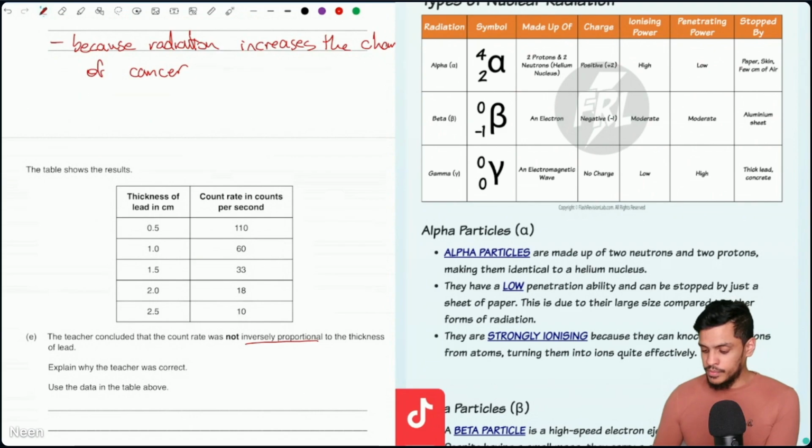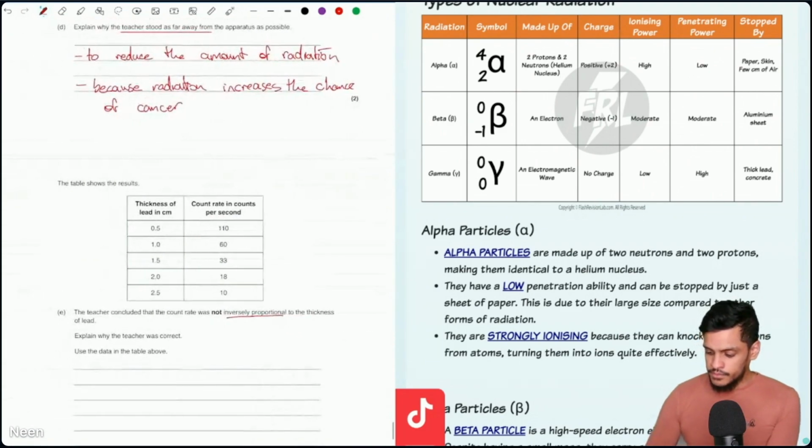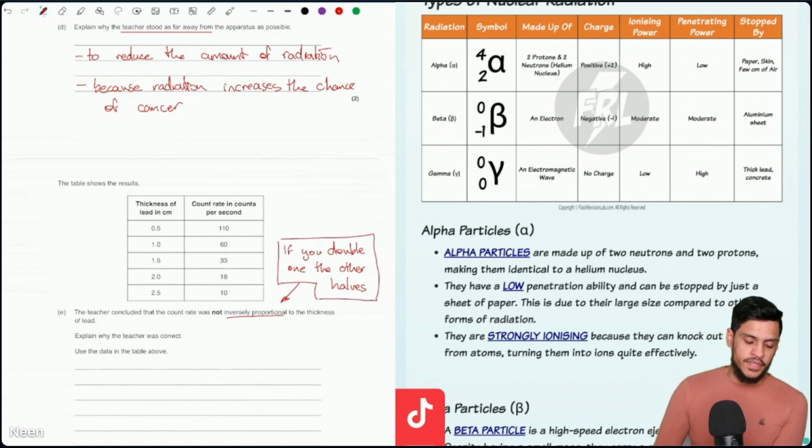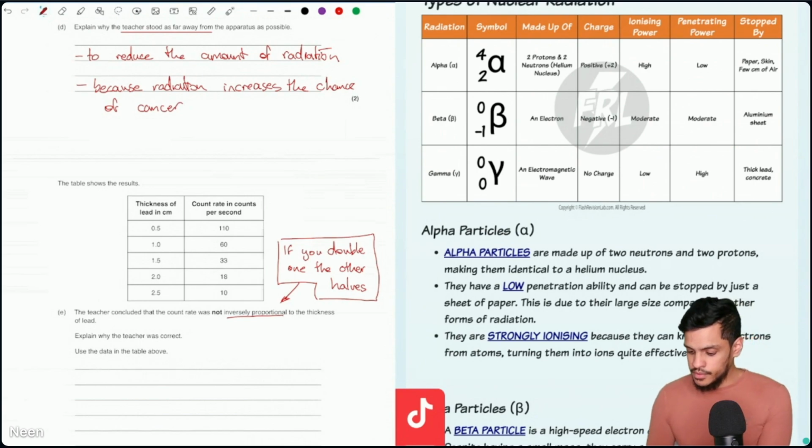What does inversely proportional mean? It means if you double one, the other halves. Directly proportional means if you double one, the other doubles. So you need to prove that it doesn't do that.